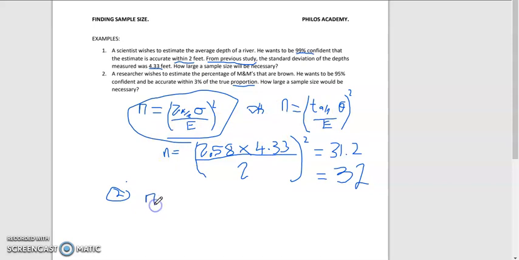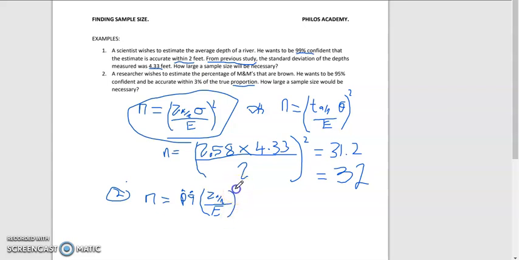The formula says N is equal to P hat times Q hat times, in brackets, Z divided by E, the margin of error, all squared.